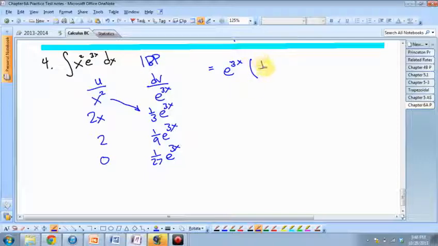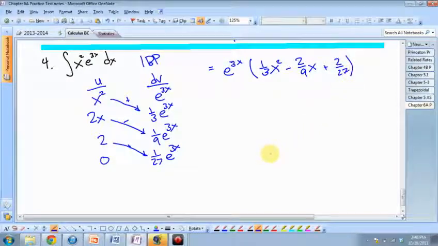That's 1/3 x squared minus 2/9 times x plus 2/27. LCD is 27, so we'll make that 1/27th e to the 3x.